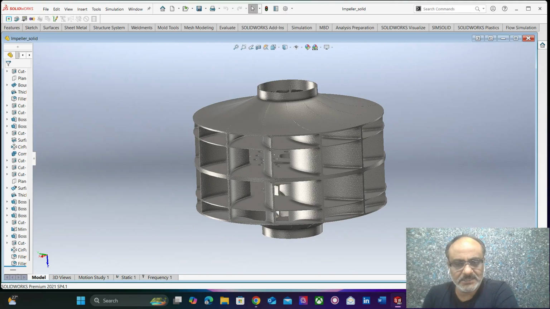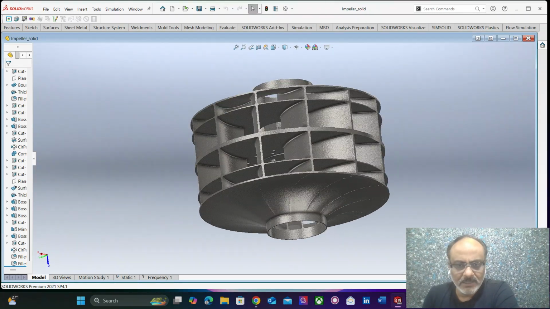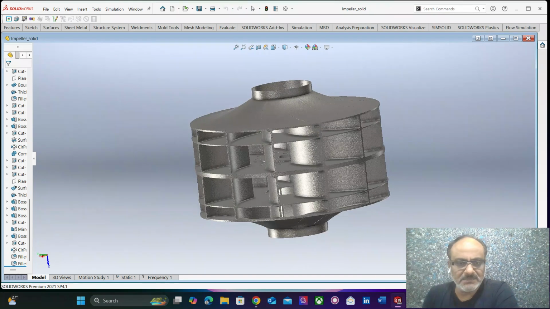So these are welded structures and completely designed for optimization. We have taken up this activity as part of a research request from the customer, where we studied the casted product.